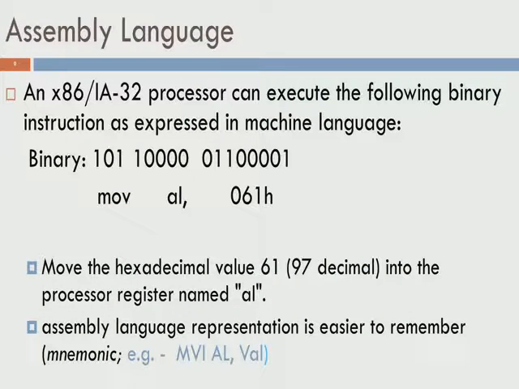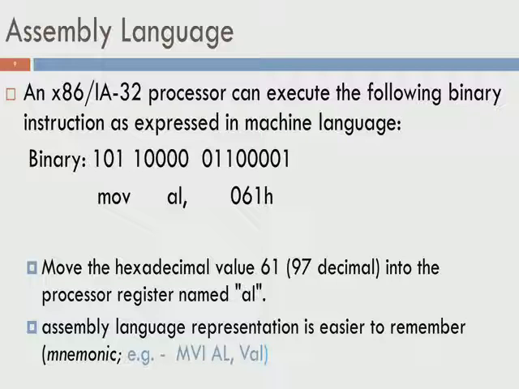Somewhere down the line you may learn a language called the assembly language, and we are seeing a small example here. An x86 Intel 32 processor can execute the following binary instruction. So you have 101, 1, 4 zeros, 011, 4 zeros and a 1. This is a binary code for moving 61 in hexadecimal to an internal memory called a register of the name AL.